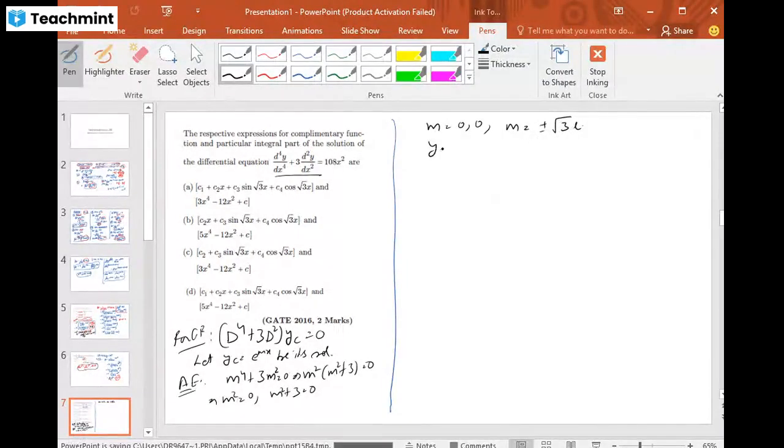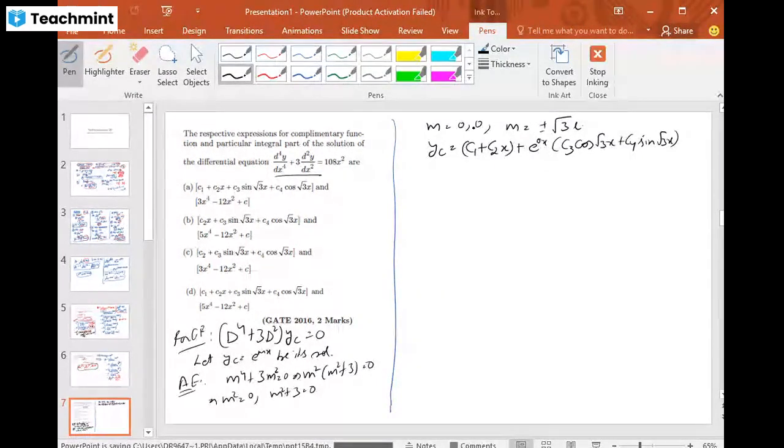So the solution, since the root is repeated, is c1 plus c2x, and here the real part is 0. It is e^0x (c3 cos root 3x plus c4 sin root 3x).